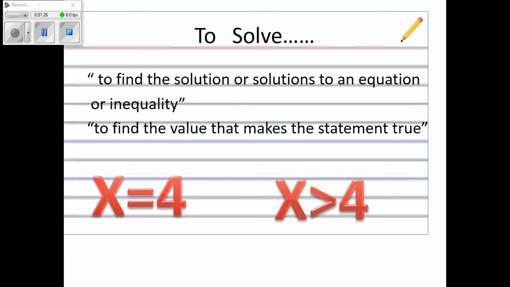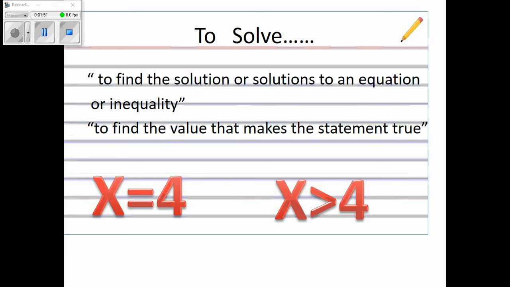So if it's an equation, like I said, it'll be one solution, so it'll be x equals 4. Now there's more equations out there where you're going to have more than one solution, but today with linear equations, we only have one solution. With linear inequalities, we have multiple solutions. So x is greater than 4.